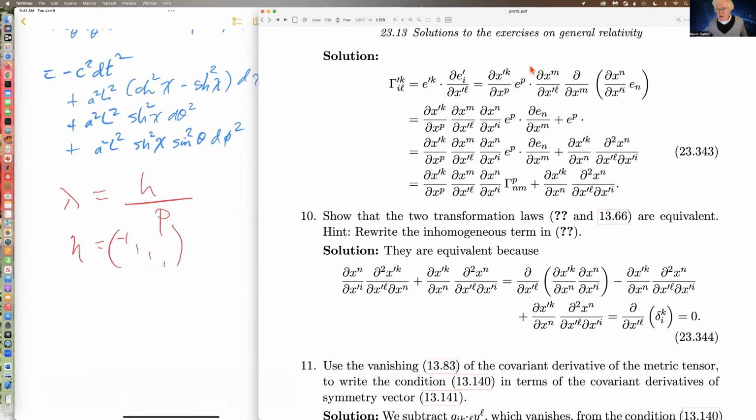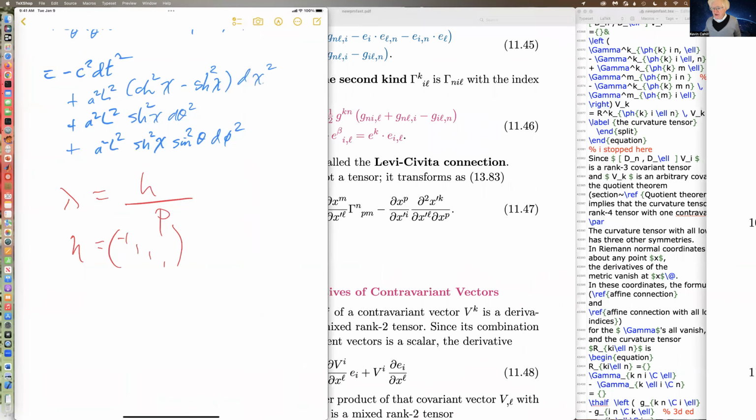I think I'm going to skip this because I thought it was just fine, and now I'm seeing that there's a typo. Let me just say that if there hadn't been a typo here, one would have gotten an expression like this. And there are other expressions for how the affine connection varies, but it always has an inhomogeneous term, so it's never a tensor. And I think I'll just leave it at that rather than try to fix this.